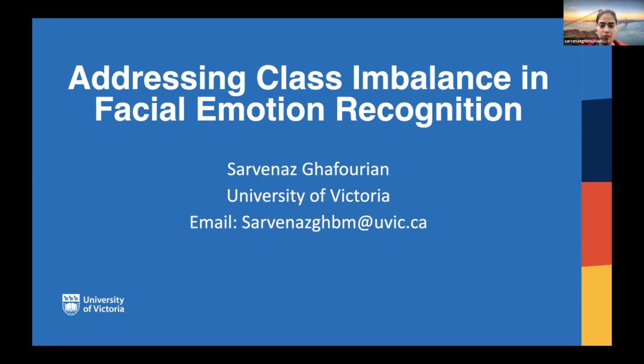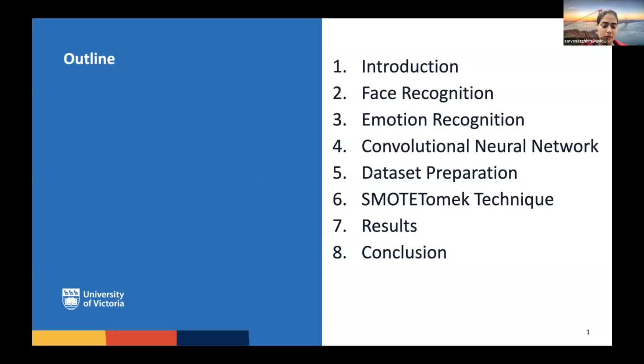First I will go through the introduction and the problem statement, and then I will introduce you to the concept of face recognition and emotion recognition respectively. After that, I will go through a brief introduction about CNN or convolutional neural network and two popular CNN architectures.